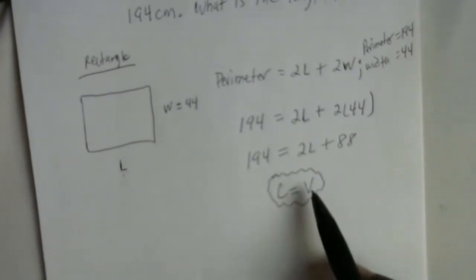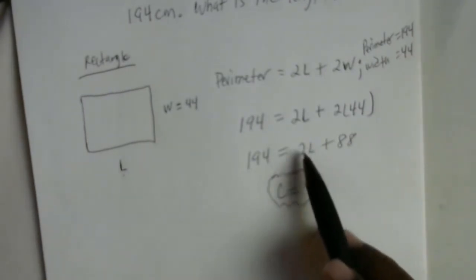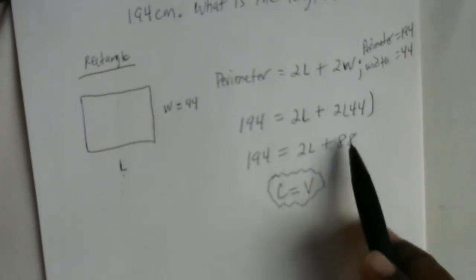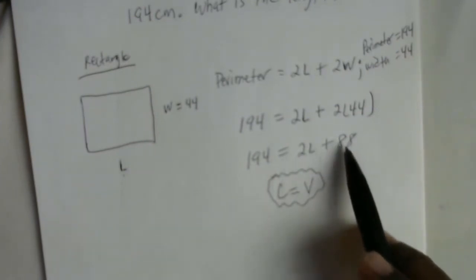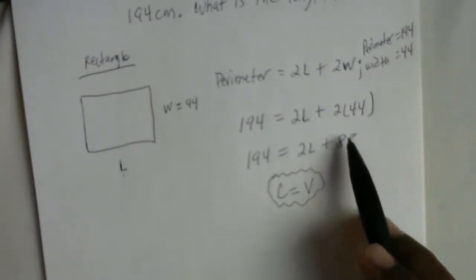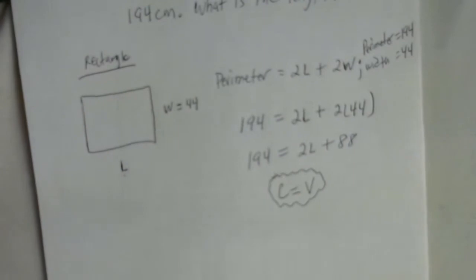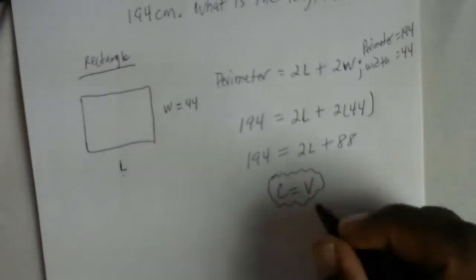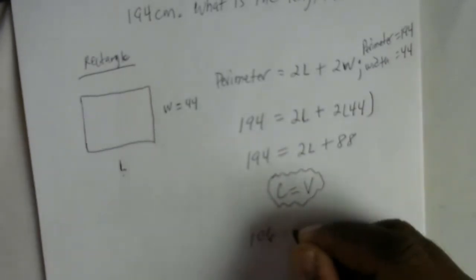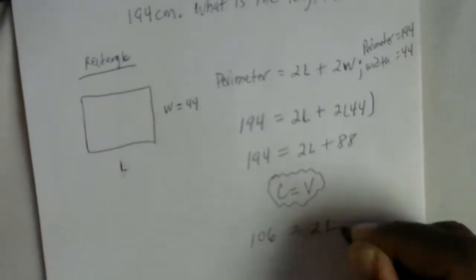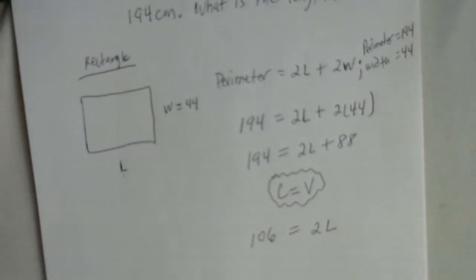On the right, I only want variables. The 2L is a variable, so it's okay on the right. However, 88 is not a variable, so I'm going to transpose it to the other side. So 194 minus 88 should give us 106. That's equal to 2L.